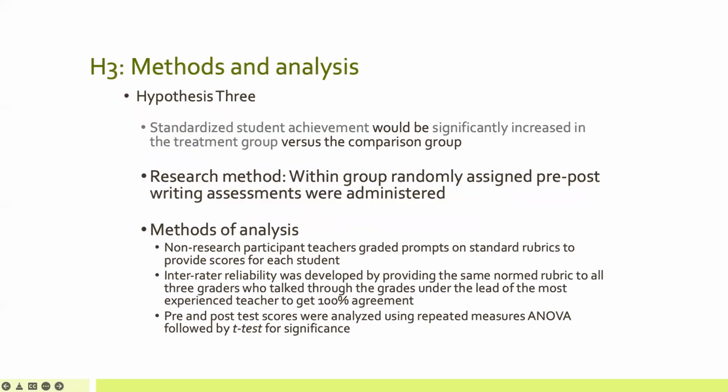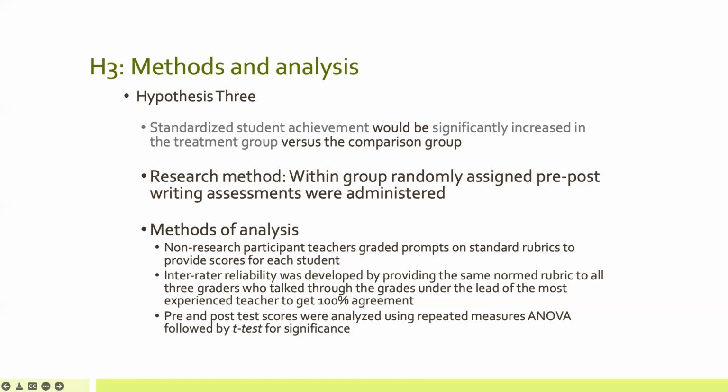So that was statistically significant, but we didn't need to run the t-test because 26 to 0 is going to be significant. And then in the third hypothesis, we said that standardized student achievement would be significantly increased in the treatment group versus comparison. And so we did a pre-writing test and had the same group of teachers evaluate their descriptive writing before, and then after they did it again, and it was the same group of teachers evaluating their writing.